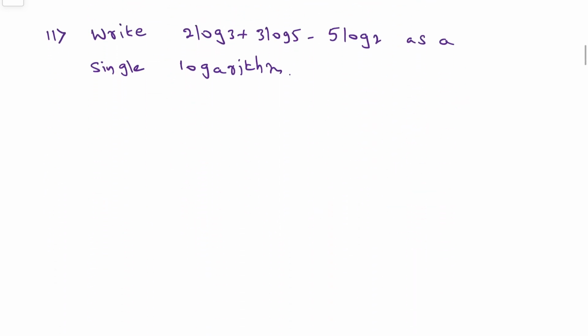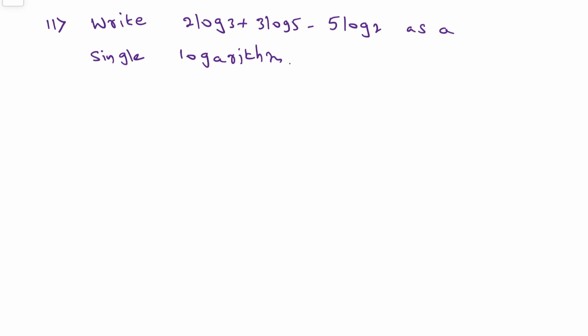Moving to the next question, write 2 log 3 plus 3 log 5 minus 5 log 2 as a single logarithm. In the previous question, we went from a single logarithm to the expanded form, but in this case the expanded form is given already, and we need to convert it to a single logarithm. So let us check it out.